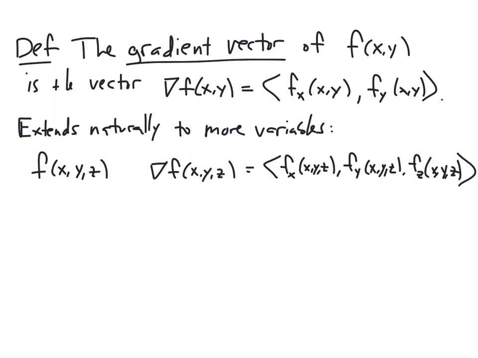And so the main usefulness of the gradient vector, although it will appear several times throughout the remainder of the course, its main use, at least right now, is the following theorem.